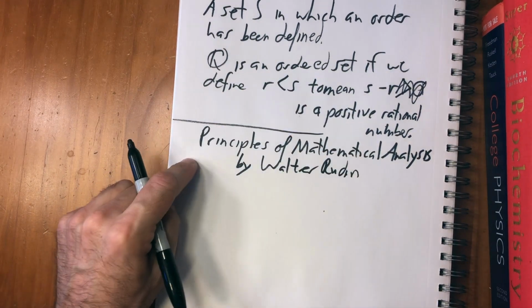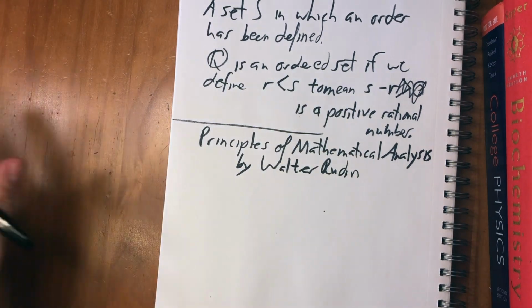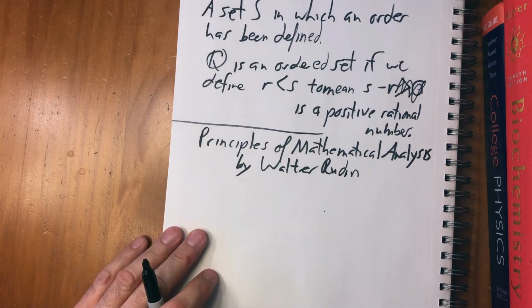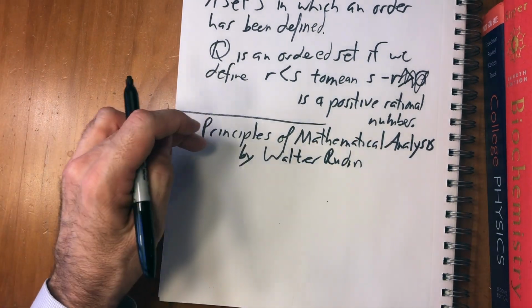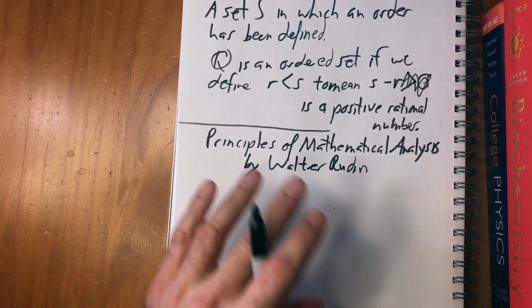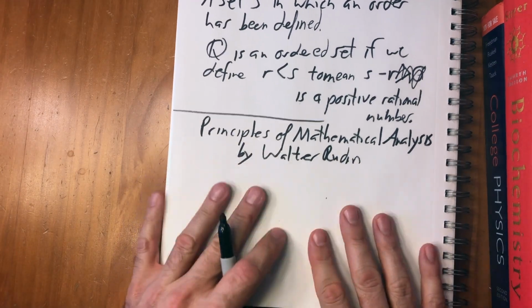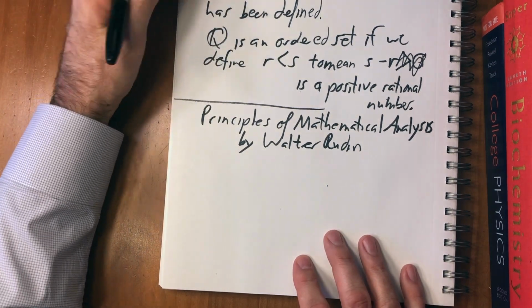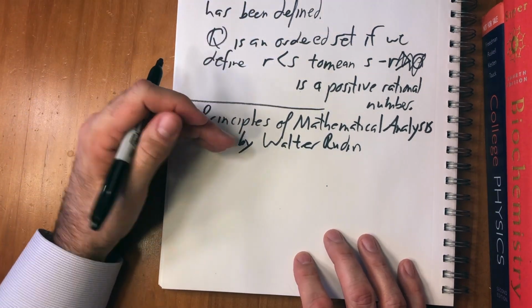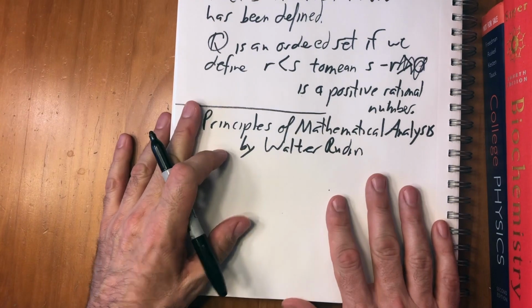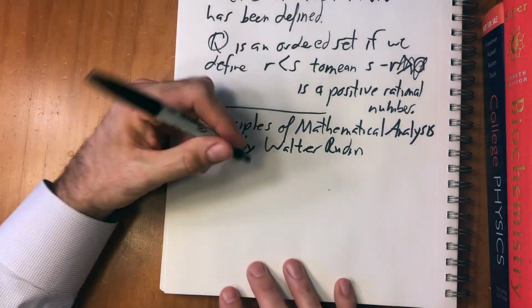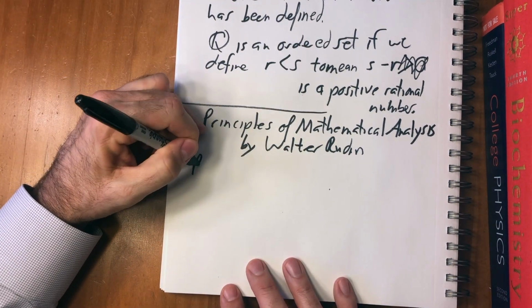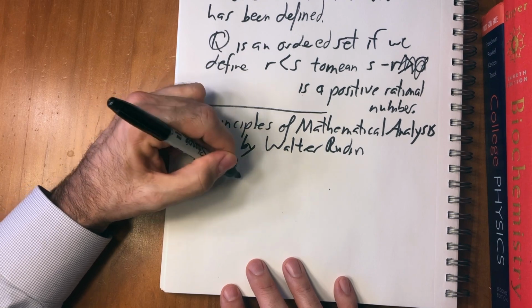This is the book that we're going to be following up until we define the real numbers, and then we'll move on to something else, but this is the classic text about real numbers. So what I've been doing now is going through the definitions of things the way that he presents them in his book.